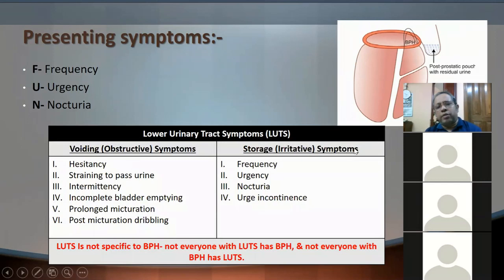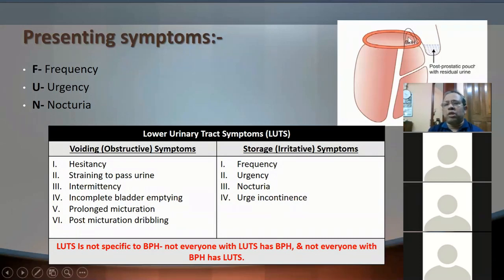So storage irritative symptoms: increased frequency, urgency, nocturia, and urge incontinence. Whenever just one or two drops of urine come into the urethra, the patient suddenly needs micturition. For that reason, the patient develops urge incontinence. And another thing is nocturia. There is a prostatic pouch formation and urine stays there, causing some irritation.